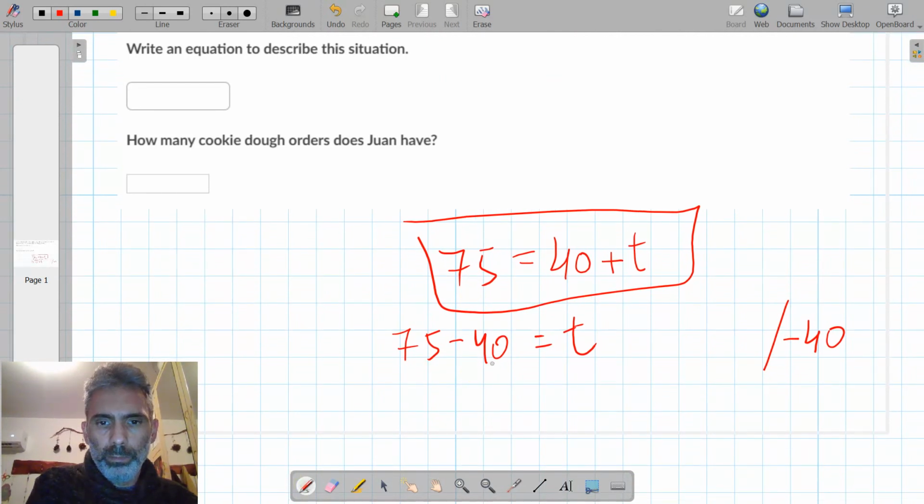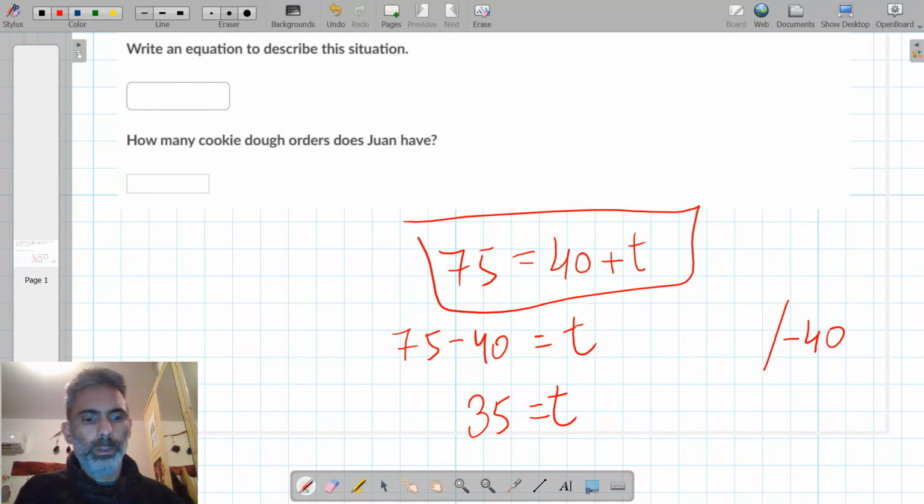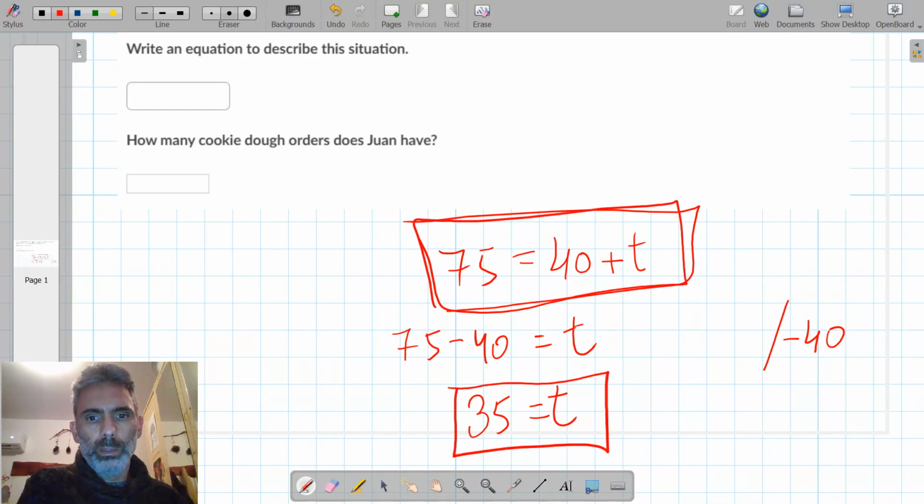And then 75 minus 40 is 35, and that equals t. Okay, so the equation is this, and this is the answer to how many cookie dough orders Juan has.